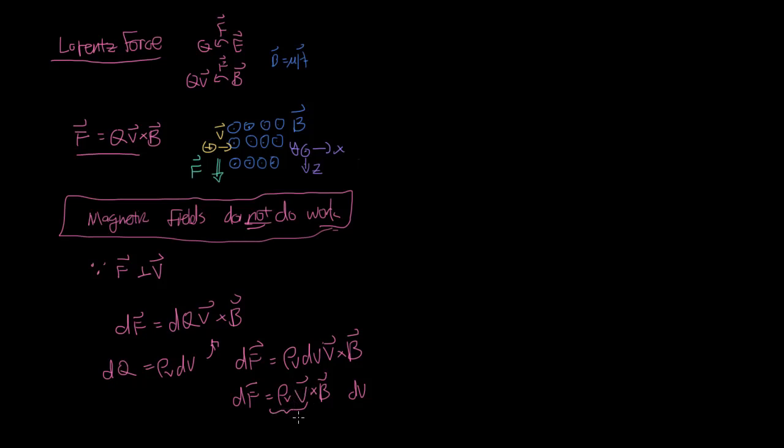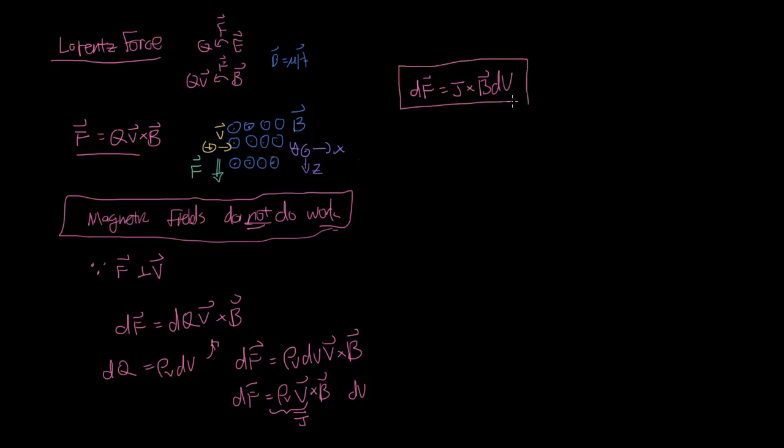Going back, this is going to be equal to J, right? So now we can rewrite this in terms of different forms of current density that we're used to. So in the form of our regular current density J, we can write that df is going to be equal to J cross B dv.